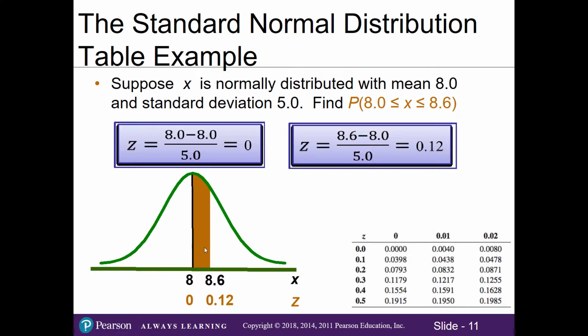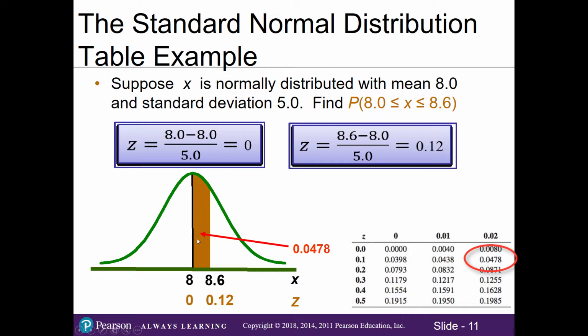This will now allow me to go over to the appendix, and I've got a snapshot here of Appendix D for the values that we care about. We're going to look up where the z-value is 0.12. So I first look up to 0.1, and then I'll go across the columns until I get to 0.02. So right here at 0.12 is 0.0478 shown.